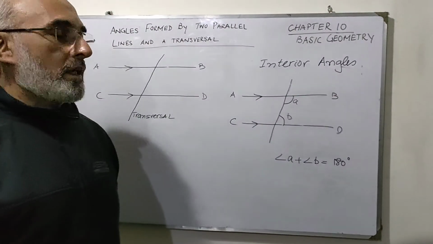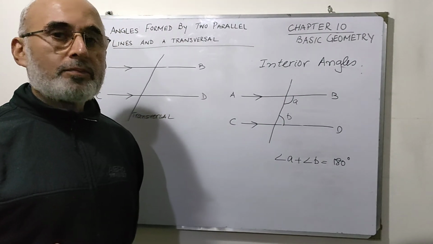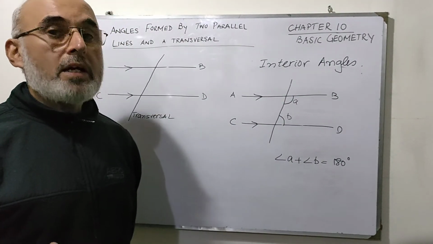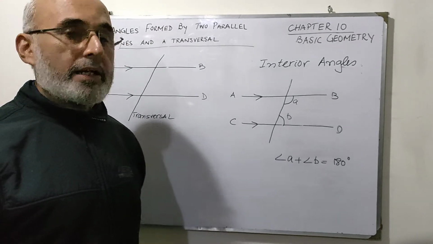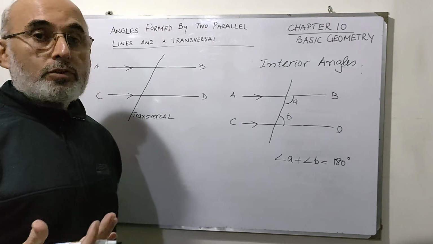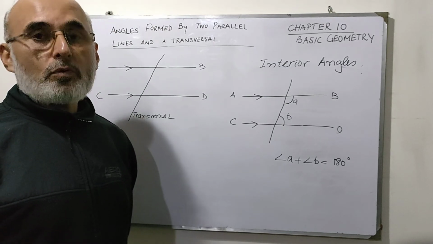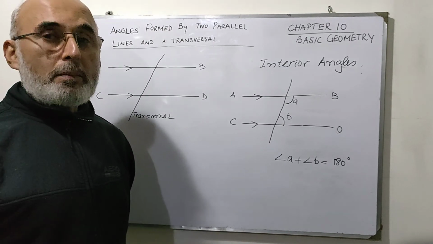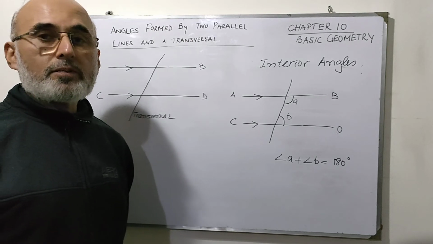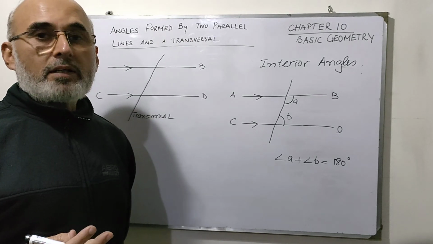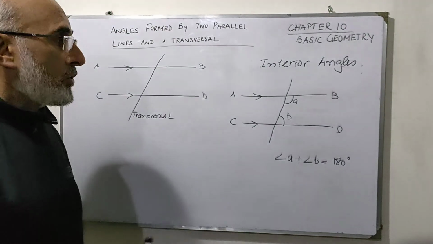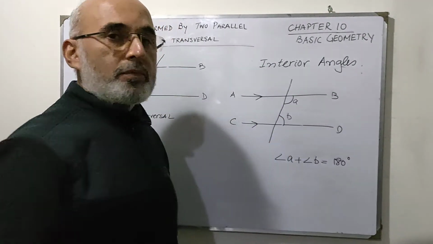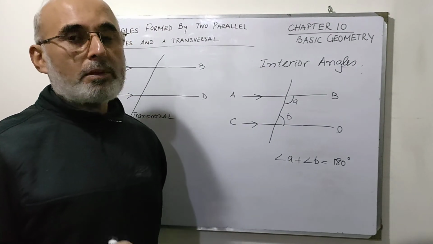So the pair of interior angles, if we sum up those two interior angles, is going to give us the total of 180 degree. And in case of supplementary angles, the pair of angles is equal to 180 degree and we call them supplementary angles. So these interior angles, they are two angles, so they are supplementary as well.